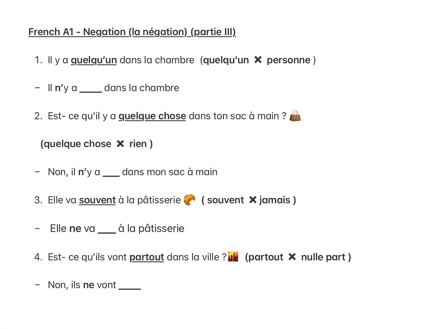Let's start with the first sentence. Il y a quelqu'un dans la chambre. There is someone in the bedroom. As you can see, to make the sentence negative, our first step would be to add ne or an apostrophe before the conjugated verb.